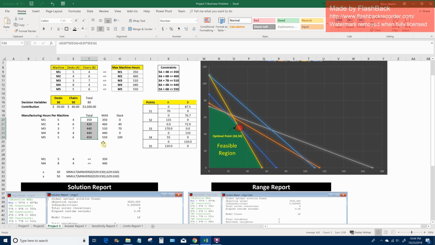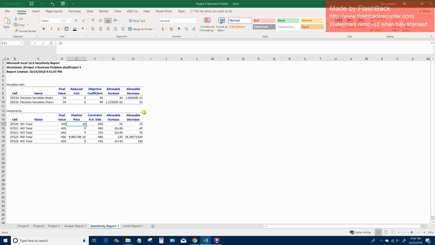Basically, the difference between the max amount of hours they can run and the total we're going to run them to get our max contribution, our profit contribution, is our slack, which is 40, 70, 100. That is what we can work with, or how long extra we could run these machines if we wanted to.